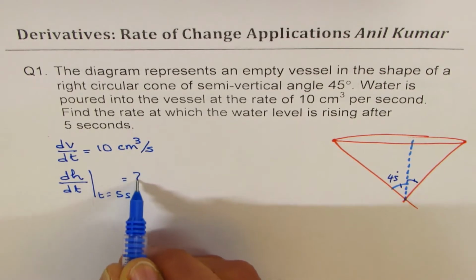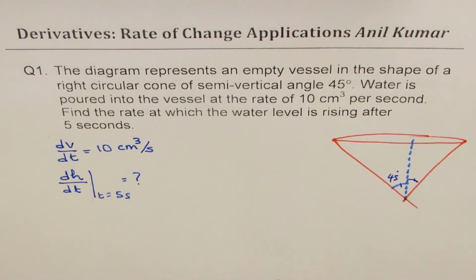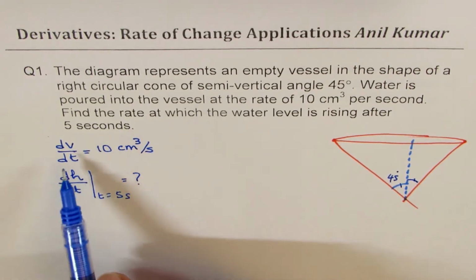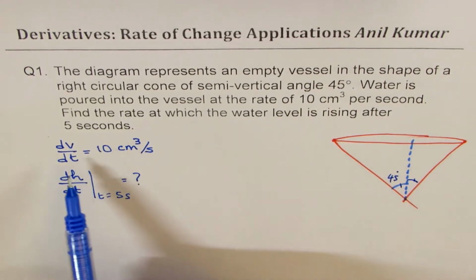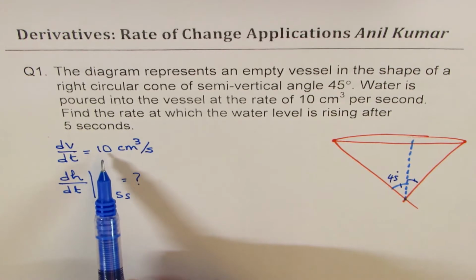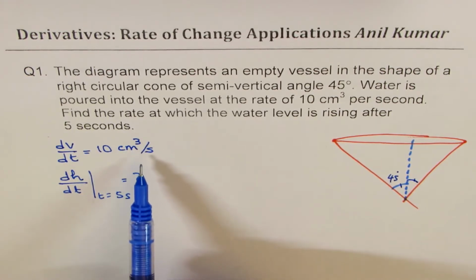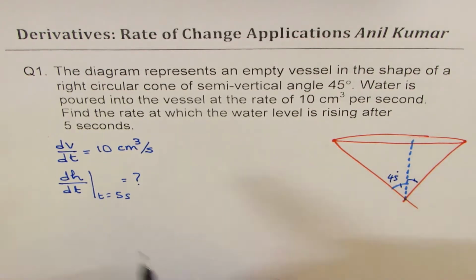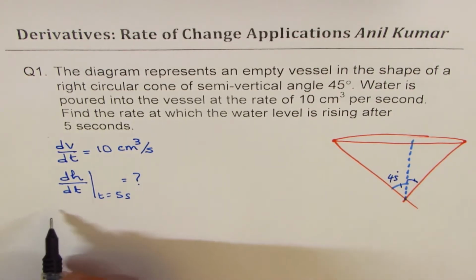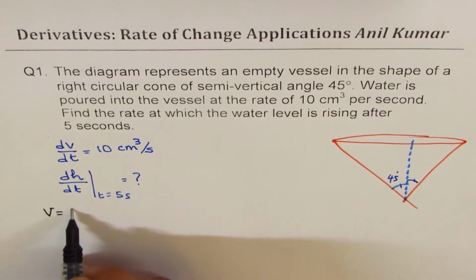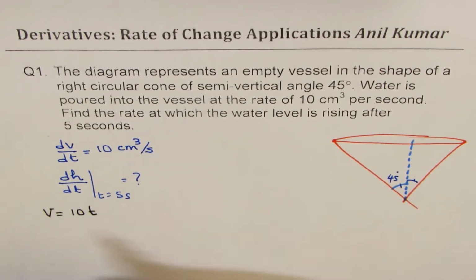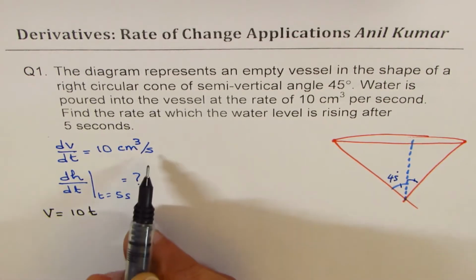So this is what we need to find. Now, as you can see here, we are given volume of 10 centimeter cube per second. That means at any instant of time, at time t, what is the volume? Volume is equal to 10 times t, right? So that is the relation between volume and time, where time is in seconds.